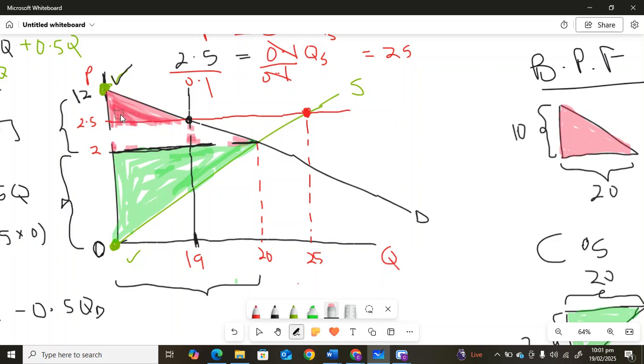Okay, this small triangle above the price floor, that's now our consumer surplus.